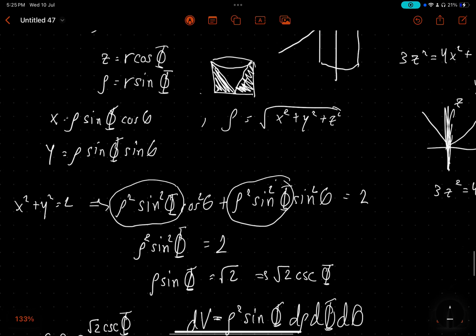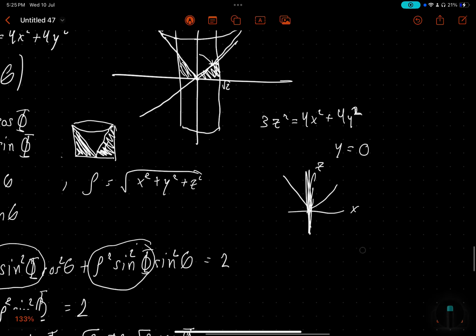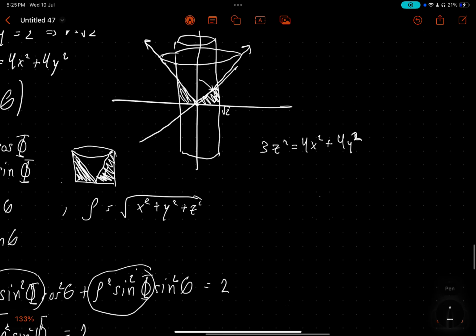Actually, you can also find phi from here, using converting to spherical. So let's convert to spherical and see what we get.